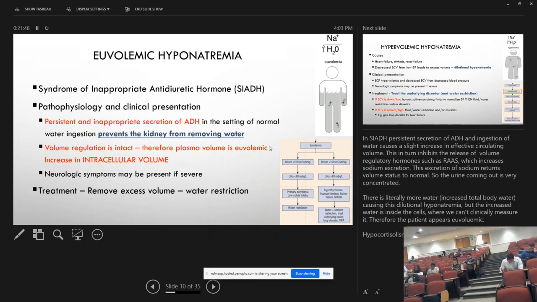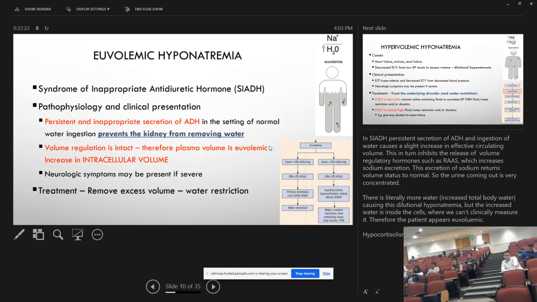Euvolemic hyponatremia. One of the more common causes would be syndrome of inappropriate antidiuretic hormone. So this would be too much antidiuretic hormone, and it's causing volume retention from the antidiuretic hormone. So they can present with persistent and inappropriate secretion of ADH in the setting of normal water ingestion.